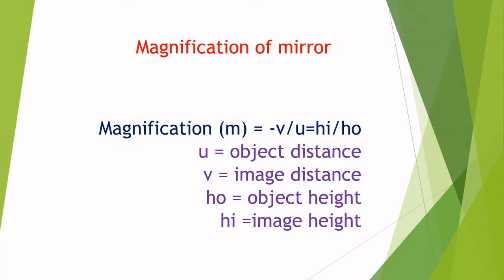Magnification of mirror, m is equal to minus v by u is equal to hi by ho. u is object distance, v is image distance, ho is object height, hi is image height. This magnification formula also we use to solve this problem.